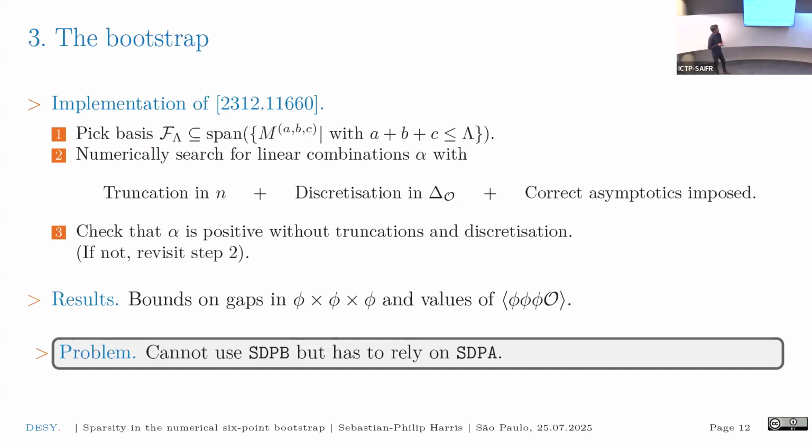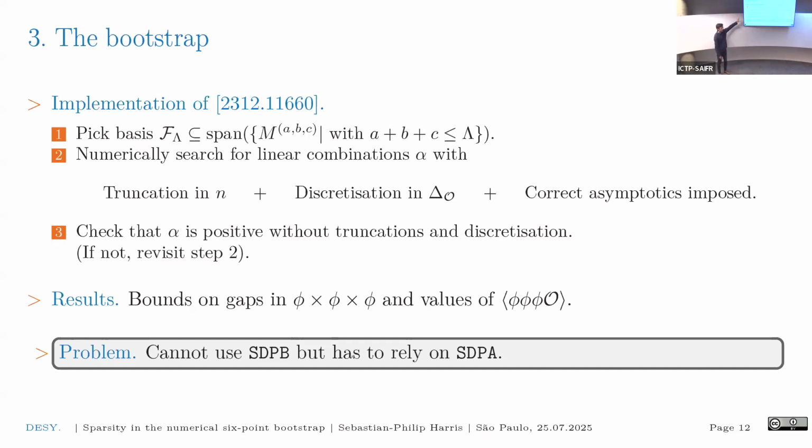And with these correct asymptotics imposed, we got a convergent algorithm that gave us some functionals for which we then, in an independent step, could really test that they're positive, so that we knew that we were getting bounds that can be trusted and that are rigorous bounds in that sense.